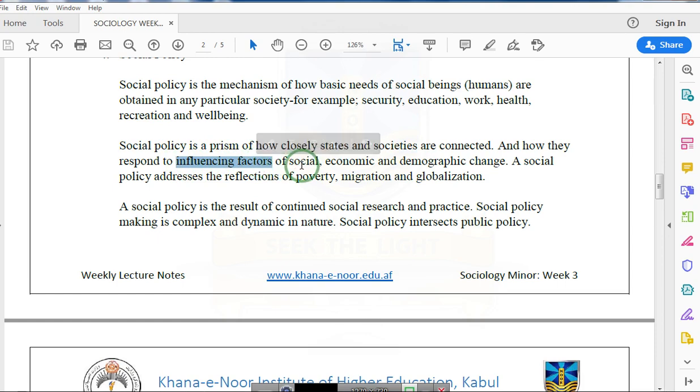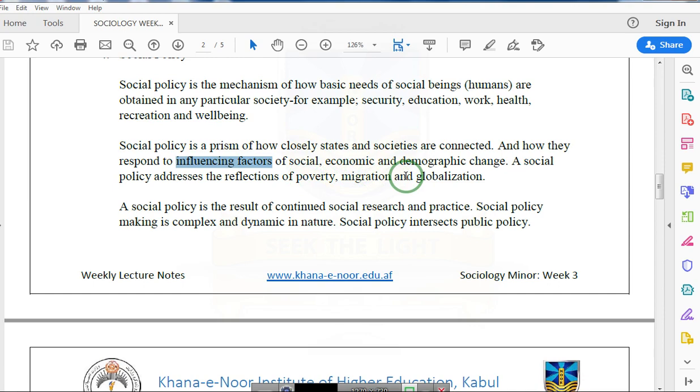Now, these influencing factors of change can be social, economic, and demographic. A social policy addresses the reflections of poverty, migration, and globalization.